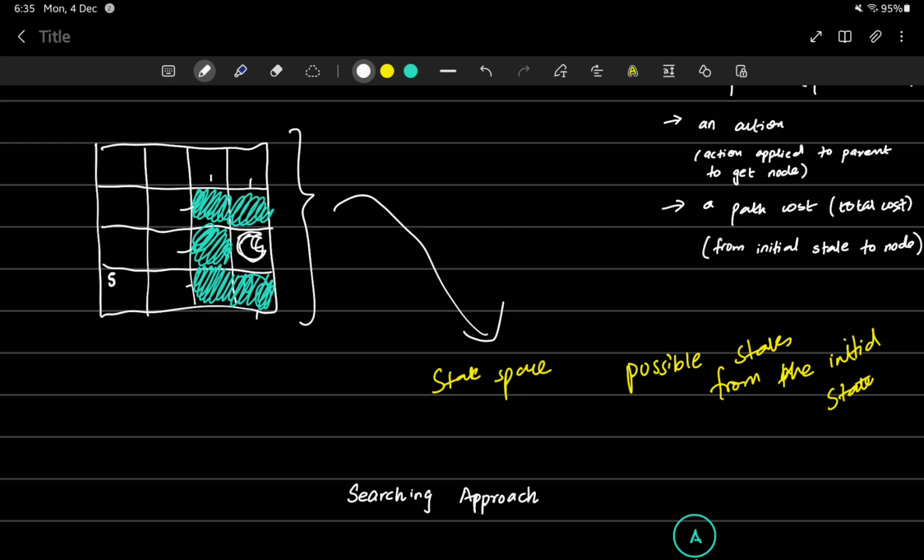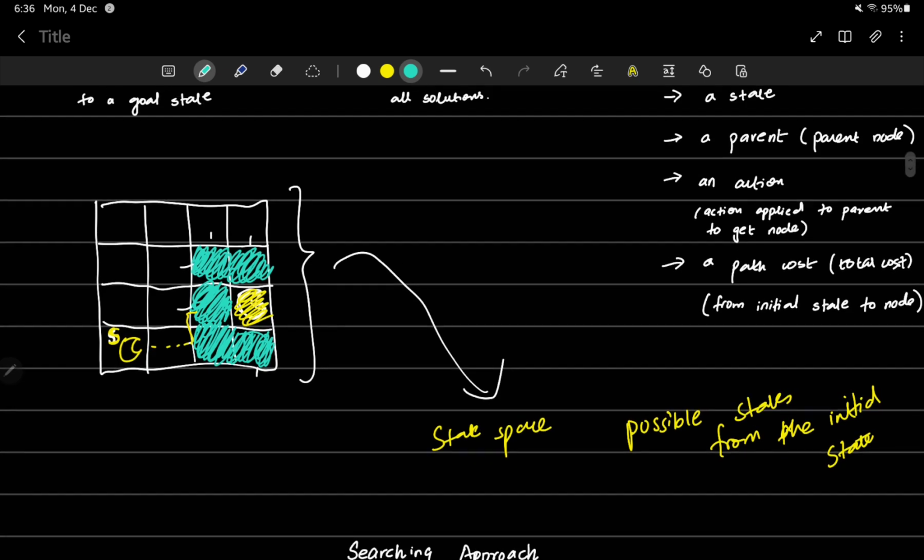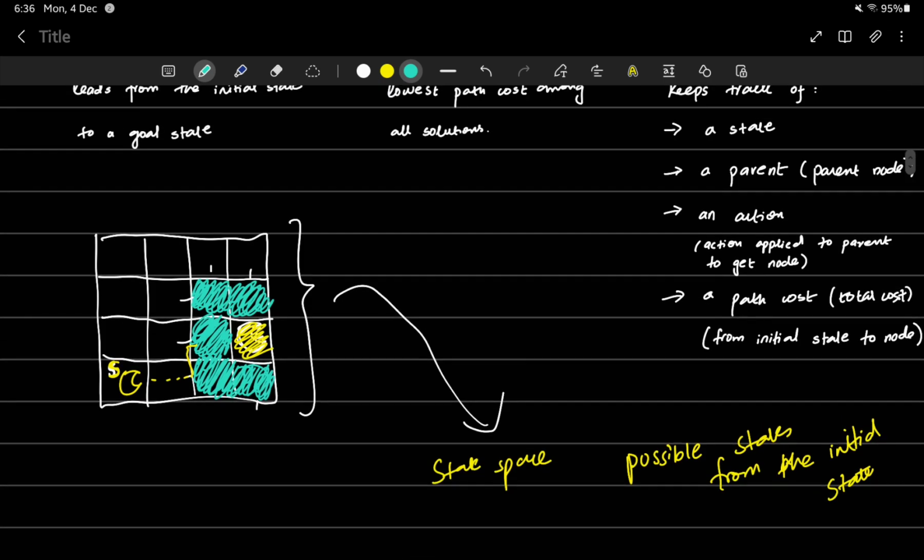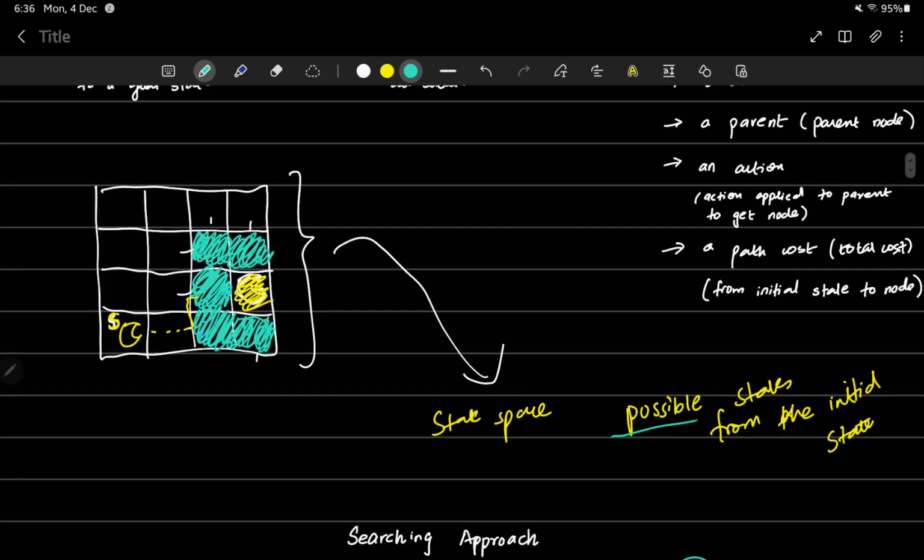It is a state in itself, but it is not a possible state given that this was our initial state, right? Like it cannot possibly reach here at all. Why? Because it is all covered with walls, and we cannot pass through walls. So really simple thing. It's just all the possible states from the initial state.